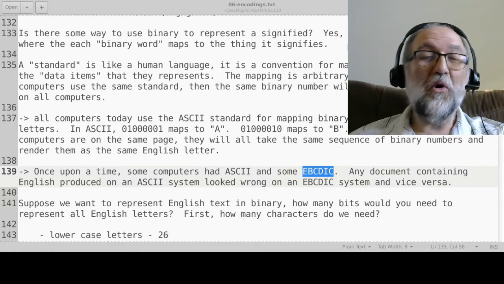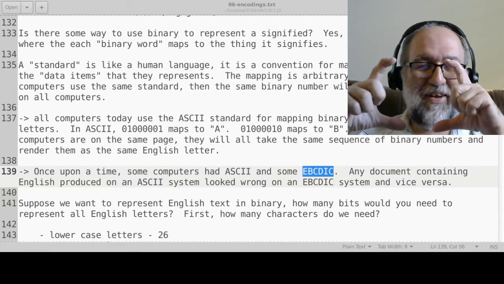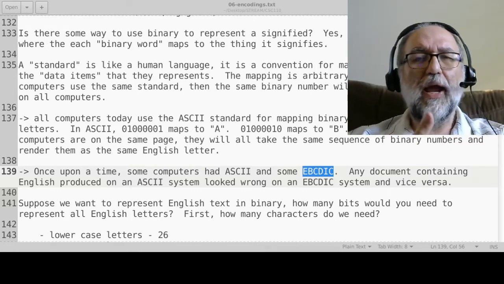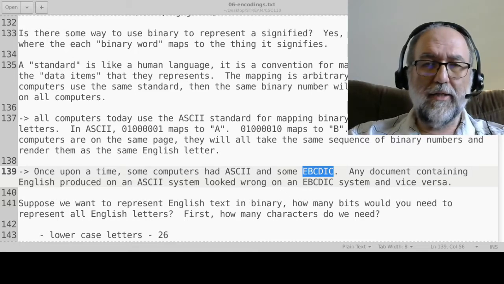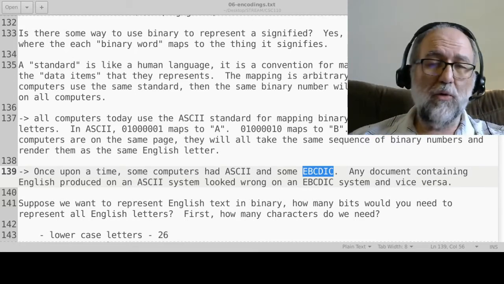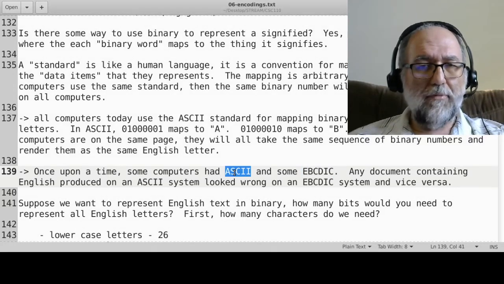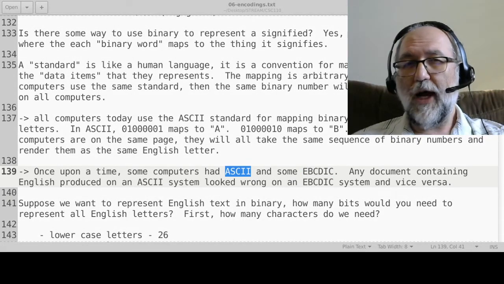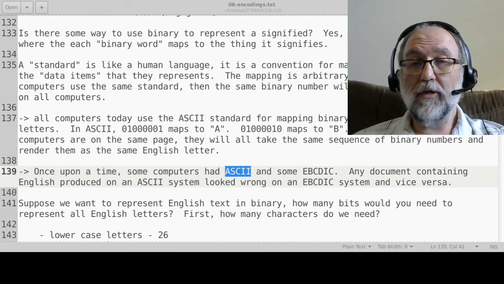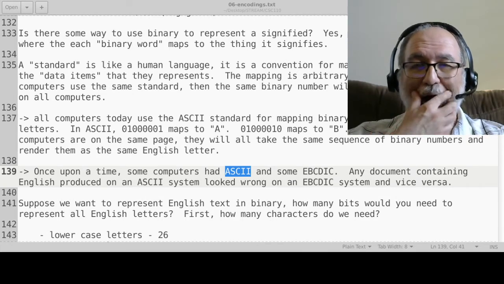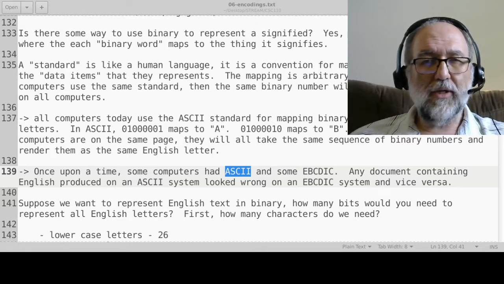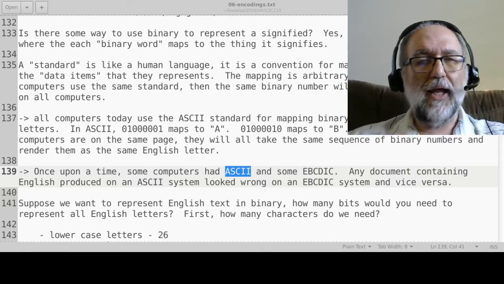You don't go to Blockbuster to rent a DVD player. So these standards are created, they're eliminated, and one standard will beat out another. But ASCII has been around for a long time, and that's basically the standard by which English letters are encoded.